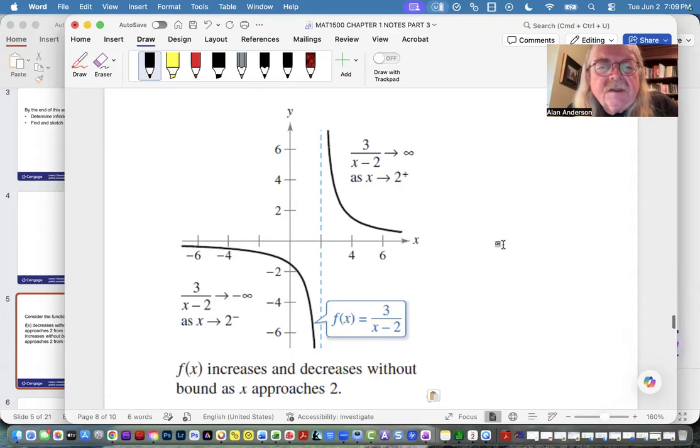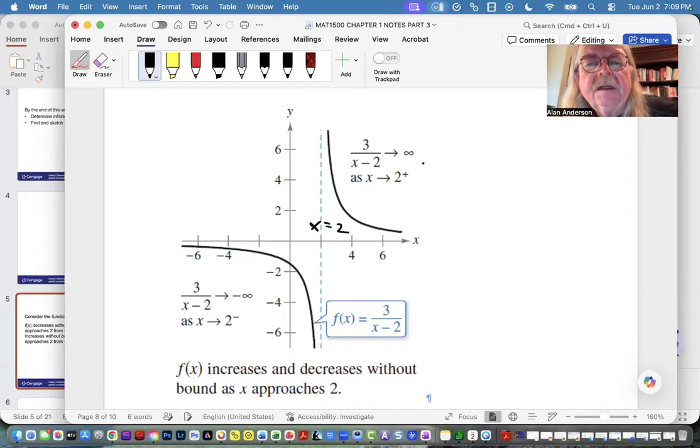So this is the function 3 over x minus 2. Now there's clearly an asymptote at x equals 2, and it's not removable, obviously.